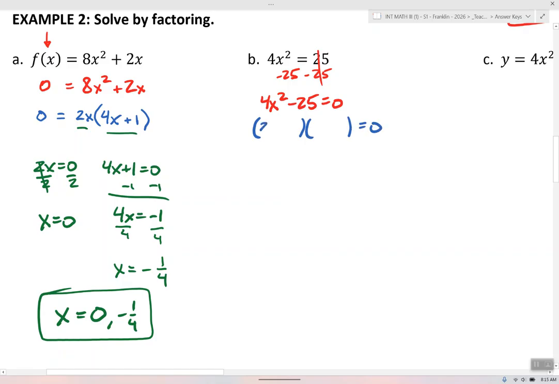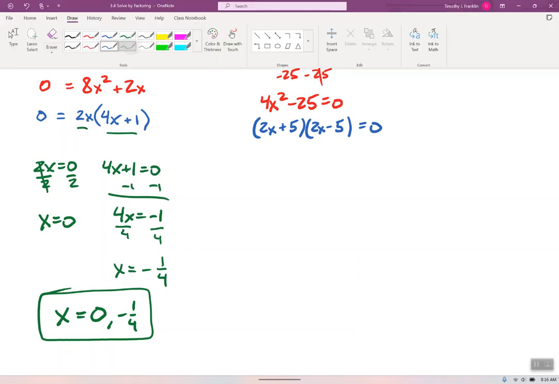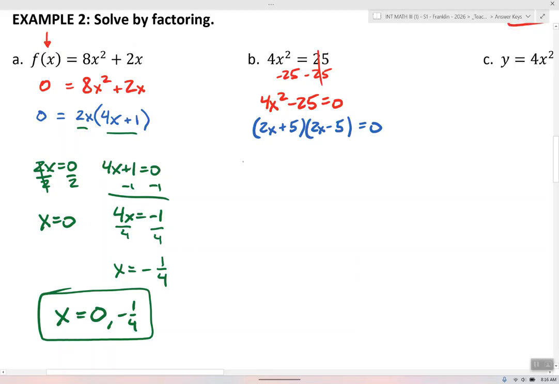So now I can just take the square root of each term. So that's 2x and 5. And then I just have plus and minus in between. So for a difference of squares pattern, just take the square root of each term. And then plus and minus in between each one. And now we can solve by setting these equal to 0. So we have 2x plus 5 equals 0, and 2x minus 5 equals 0.